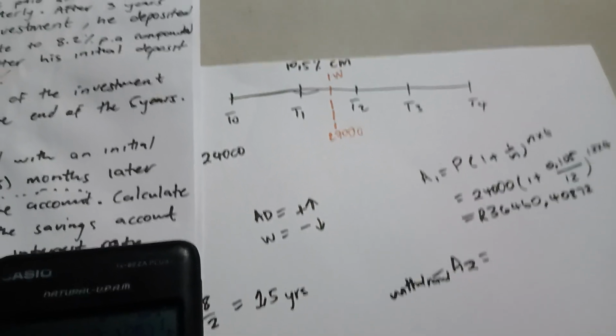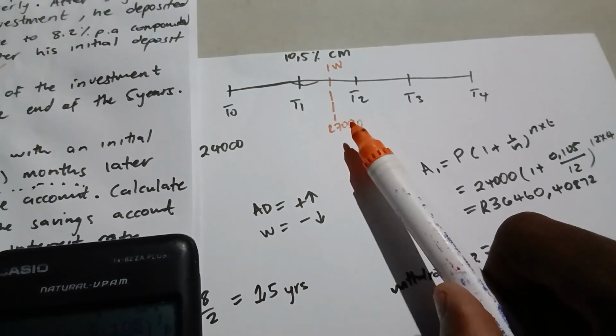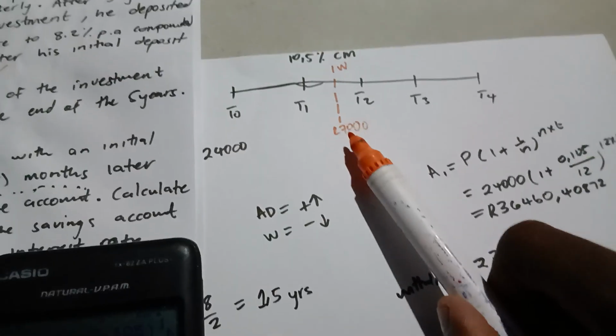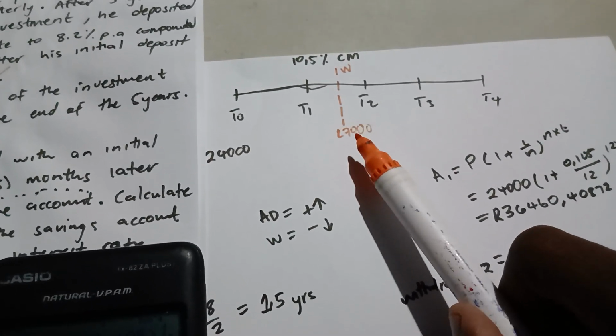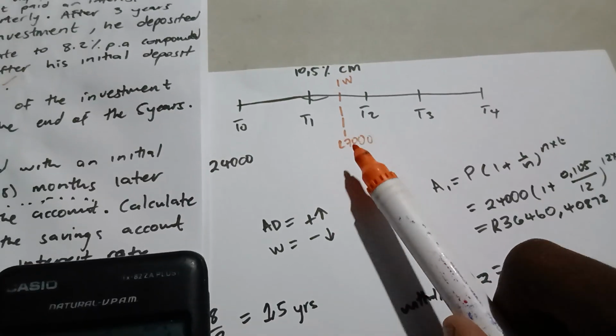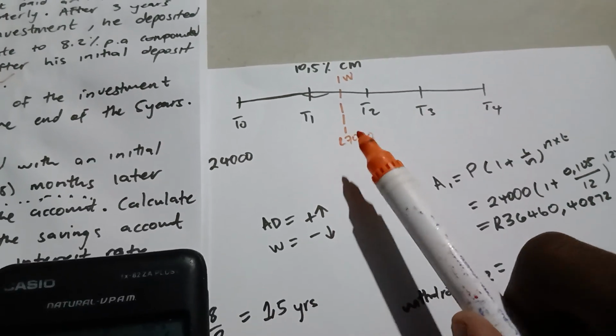Let's say this 7,000 was going to accumulate maybe 1,500 rands in interest. Unfortunately, it will not accumulate.